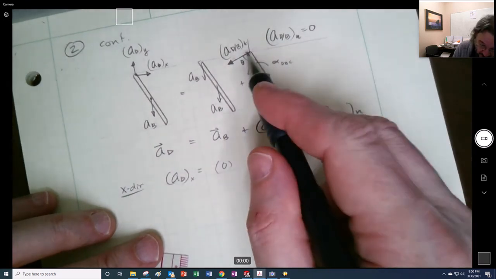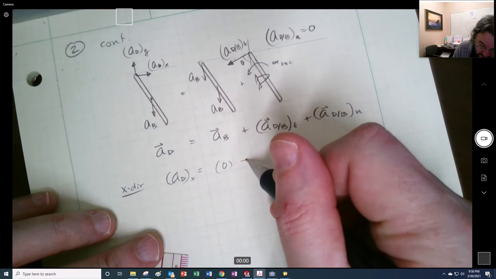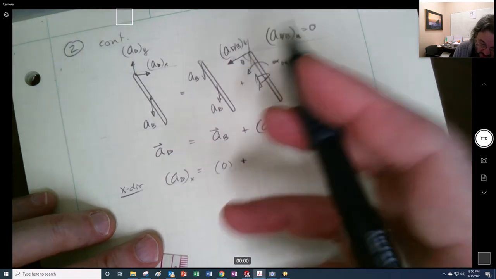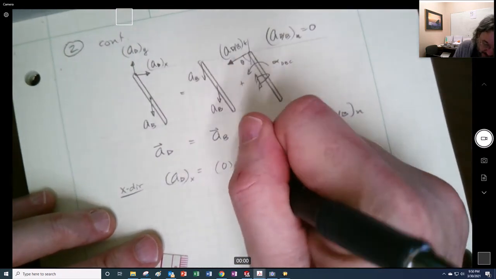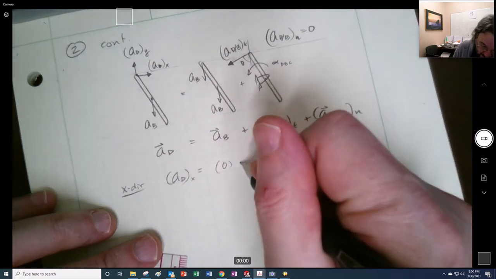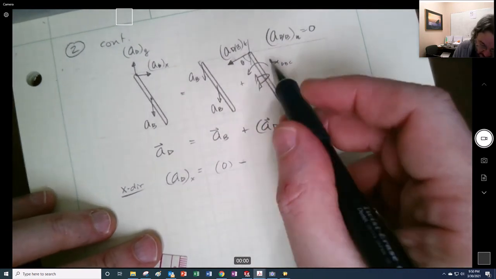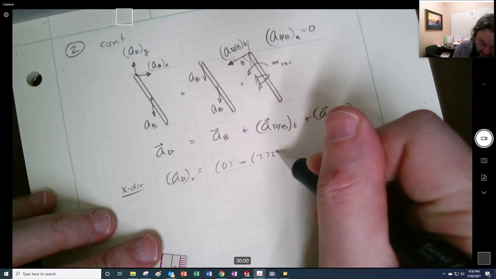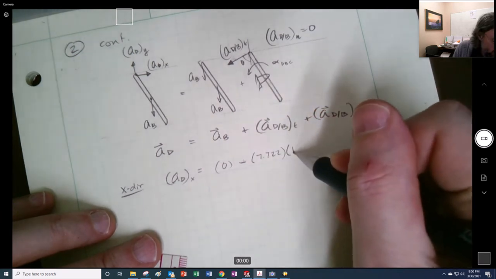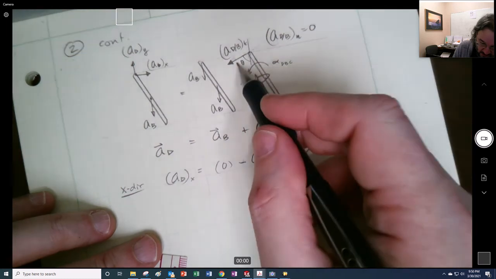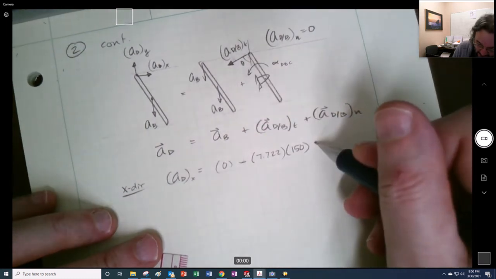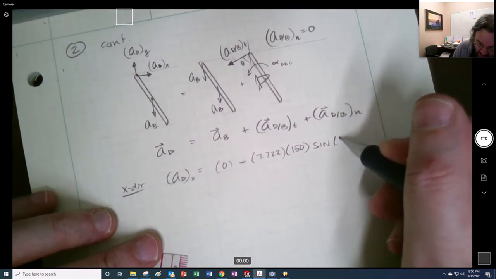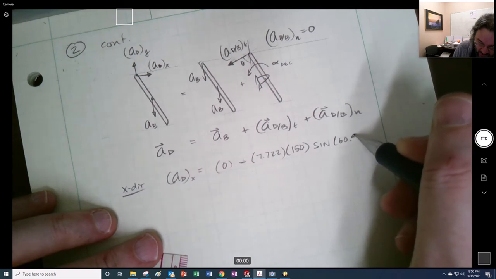Okay, and that's negative. Let's make it negative. That's usually, I do keep it out to the outside. Okay, negative, and we have alpha of 7.722, and we have 150. But now it's going to be the sine of that angle, 60.41.